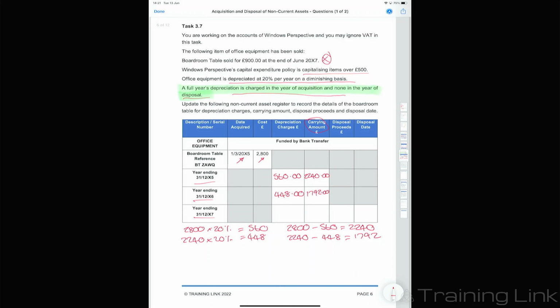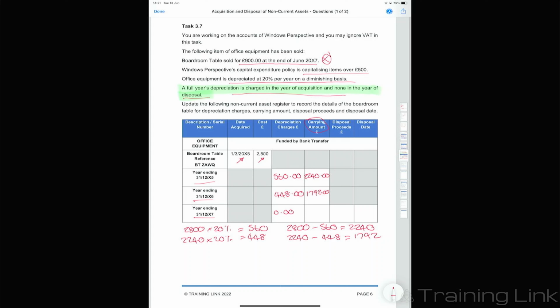We know that the boardroom table was sold for £900 at the end of June 2017. So June 2017 falls into this financial year. So because we know that there's no depreciation charged in the year of disposal, the depreciation charge is going to be 0. However, if that wasn't the policy, then we'd just follow the same process as we've done above.